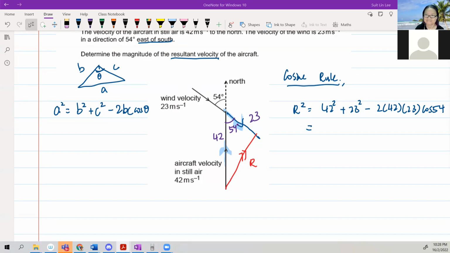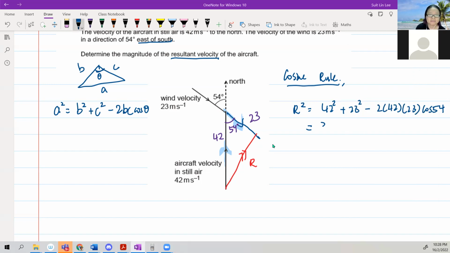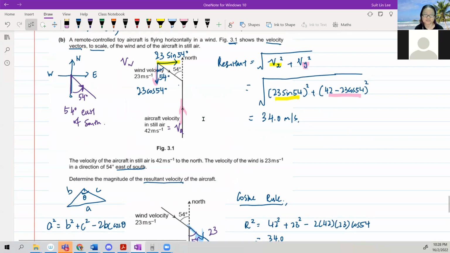No harm. Right, square root, answer. I'll get the same thing after I do the whole cosine rule application, 34.0. You like more? Resolve will always work, so I prefer to resolve.